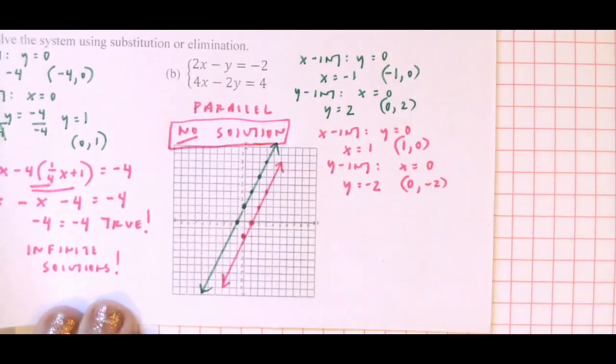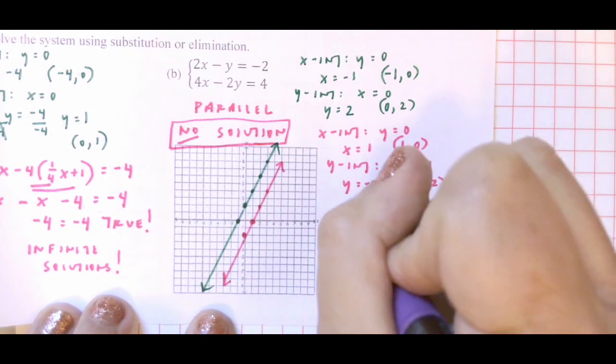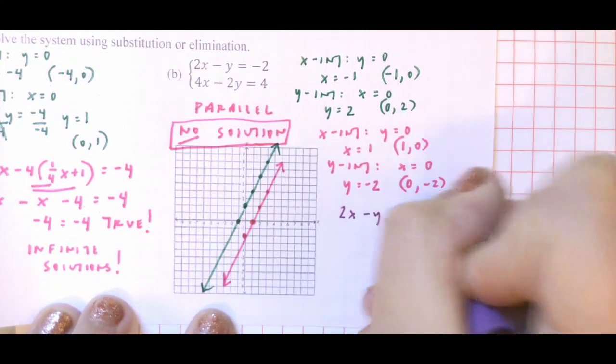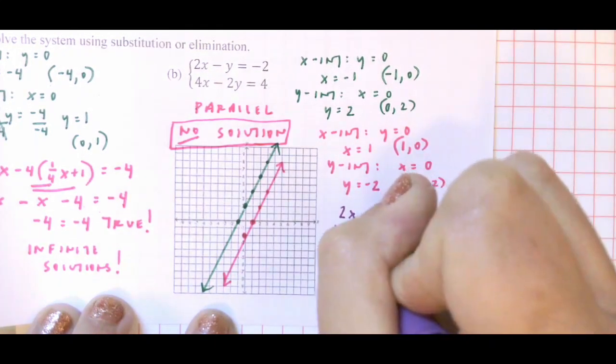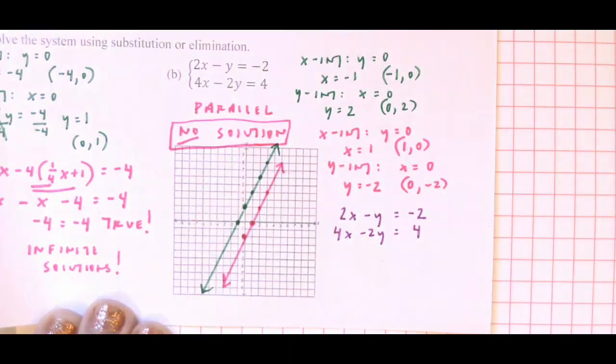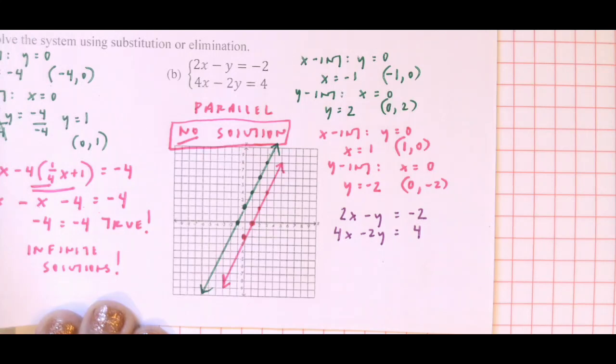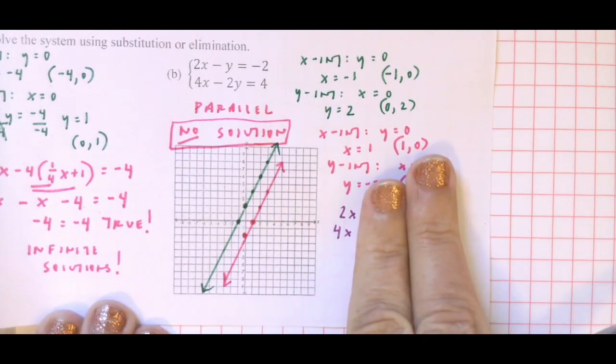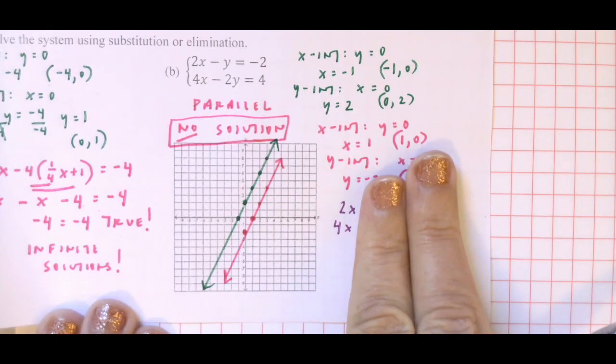So again, algebraically, if I'm trying to show you what that looks like, I probably use elimination here. Let me rewrite the two equations. Okay, elimination, I want opposites in x or y. Let's say that I want opposites in x. Then I want the x's to be 4x and negative 4x.